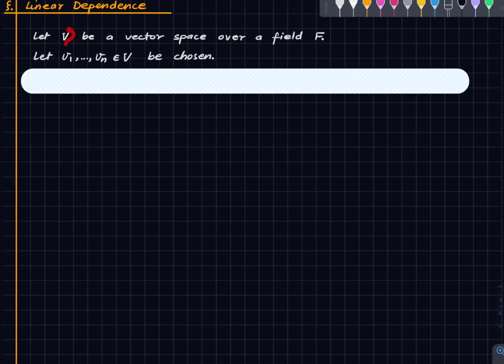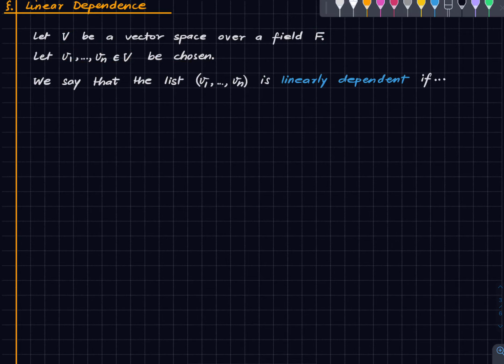So fix a vector space V over a field F, and suppose we have some n vectors chosen. We say that this list is a linearly dependent list if there exist scalars such that two things.